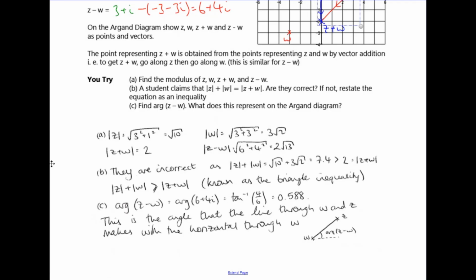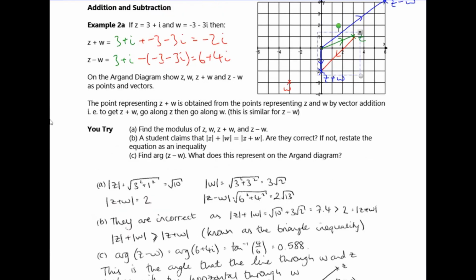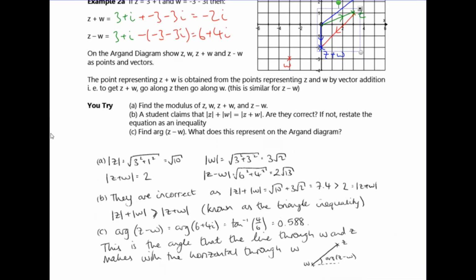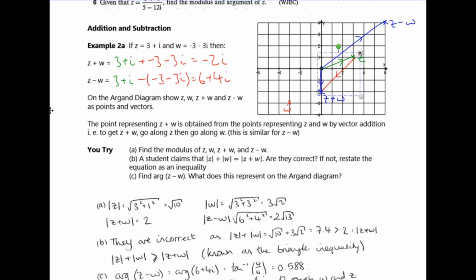Bit tricky for C. So if you calculate the argument of Z minus W, you should get 0.588. The point that it's trying to make here is obviously this is the angle that Z minus W makes with the origin.